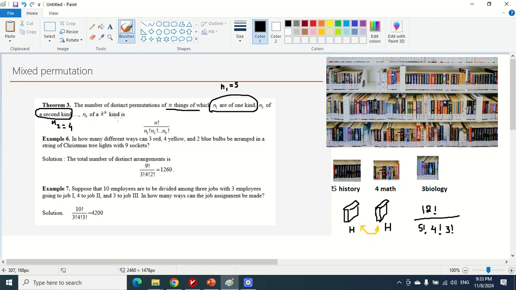And for the third one, nk, we have 3 cases, so n3, or the third kind of books over there, are the biological books, which is equal to 3. And the result of all possible permutations for this case is equal to n factorial over n1 factorial, n2 factorial, up to nk factorial.